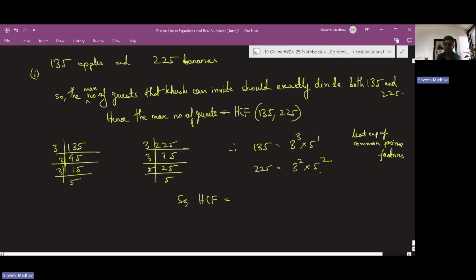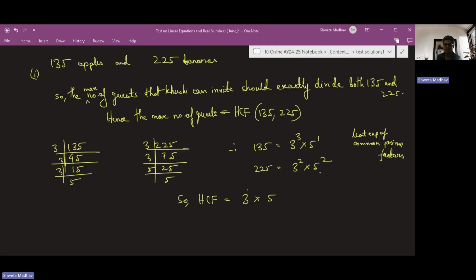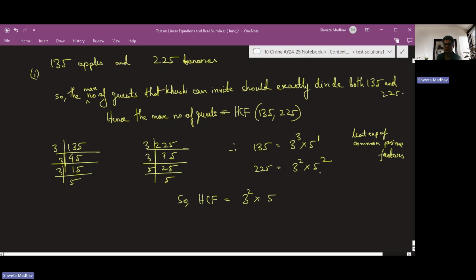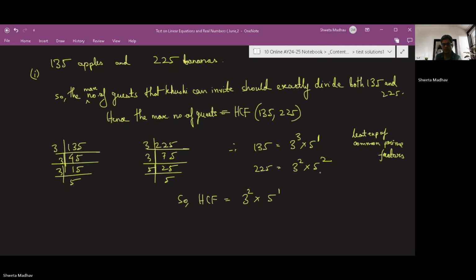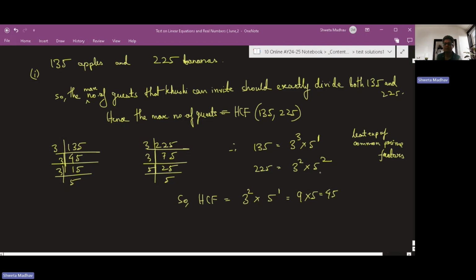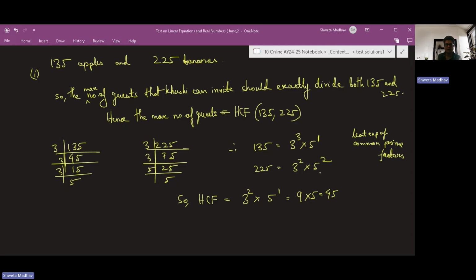The least exponent of 3 is 2, and the least exponent of 5 is 1. So 3 power 2 into 5 is 9 into 5, that is 45. So maximum she can invite 45 guests in her birthday party.